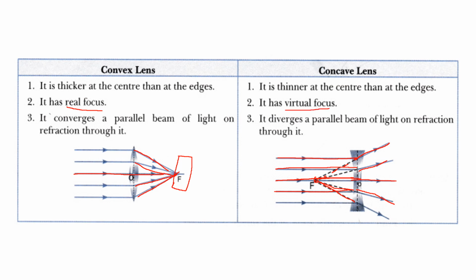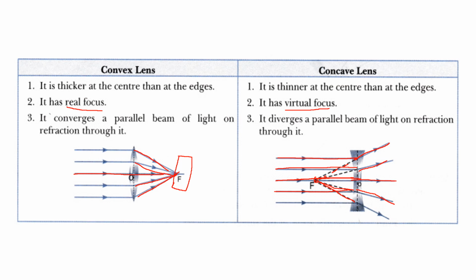It means it seems that rays are moving out from this point. Rays appear to come out from this point, so that is why we call this focus a virtual focus in case of concave lenses. A convex lens converges the parallel beam of light on refraction through it. This we have already seen.